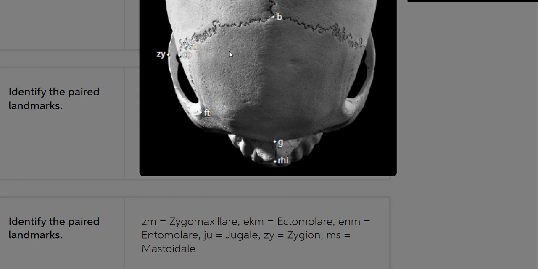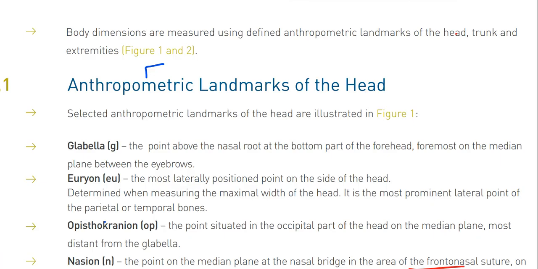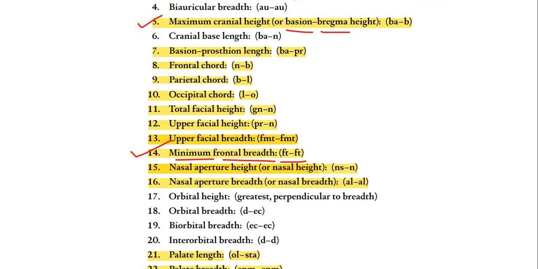Again, it varies with respect to the head form or the facial form, because the minimum point varies accordingly. So frontotemporale is located along the temporal lines on the frontal bone at the most anterior point of these lines. Fine. So this gives you the minimum frontal breadth.